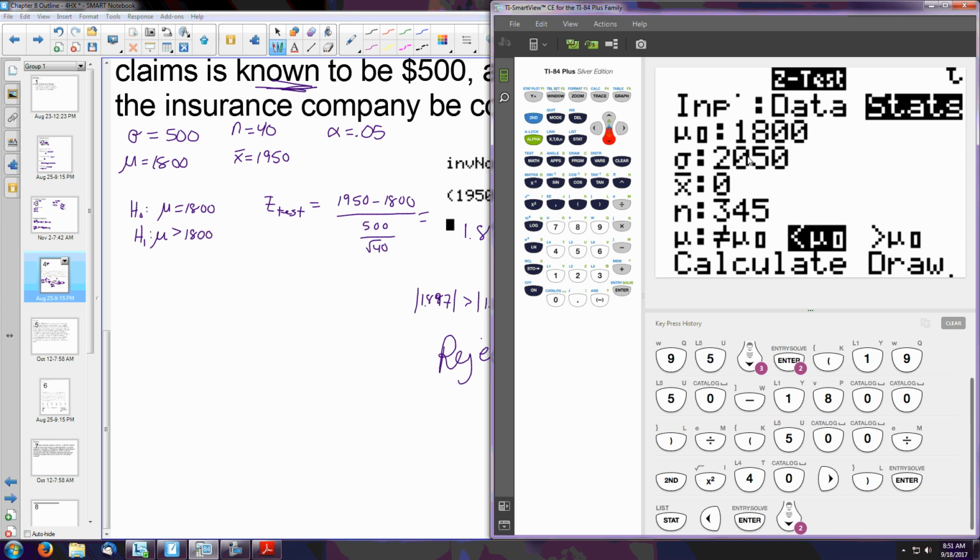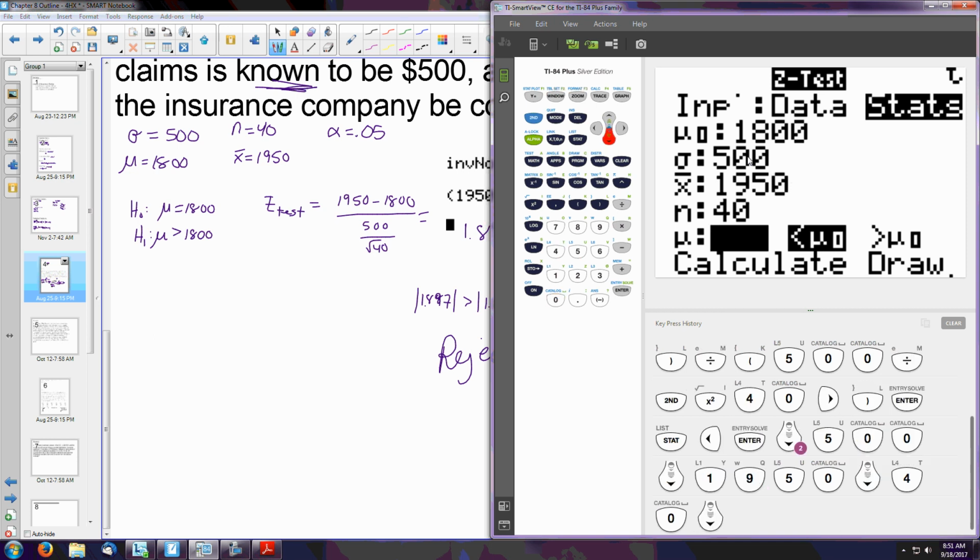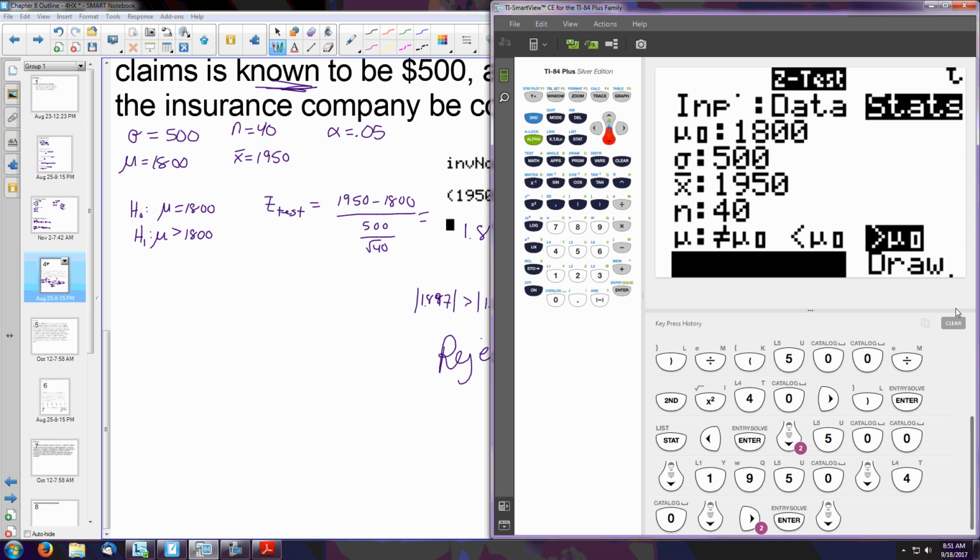Mu is 1800, sigma is 500, and our sample mean was 1950. In this case, n equals 40. If you want to use the z-test function in the calculator, this symbol down here has to match your alternative hypothesis. So we are testing that it is greater than the mean.